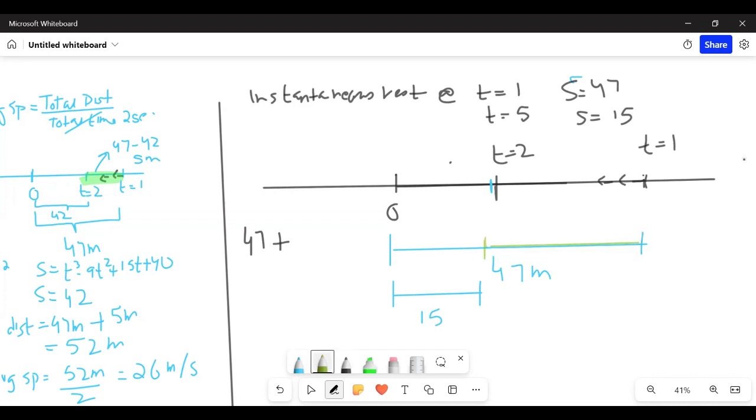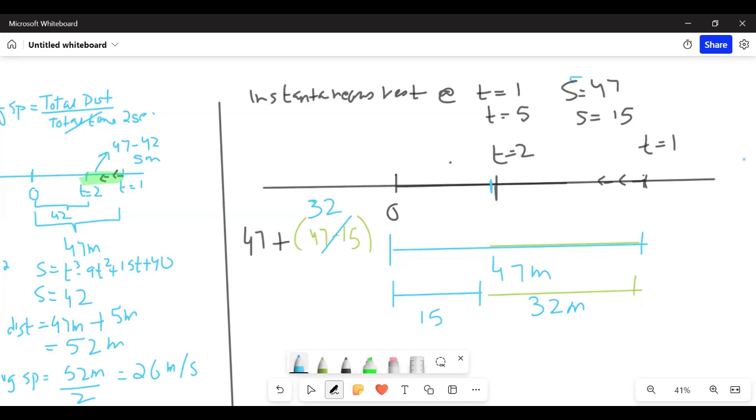So that is a distance of 47 minus 15, which is 32. This is 32 meters. So first it traveled a distance of 47 meters towards the right. Then it covers a distance of 32 meters towards the left.